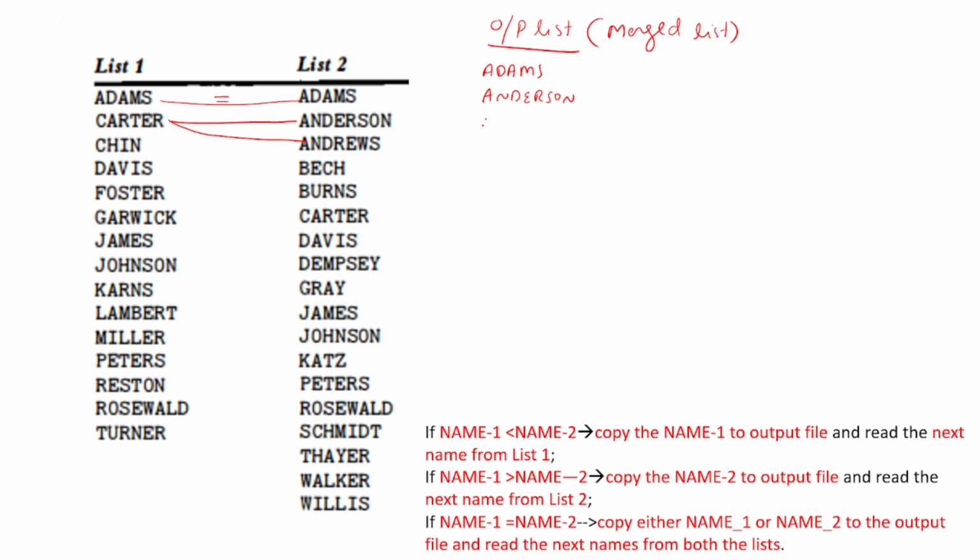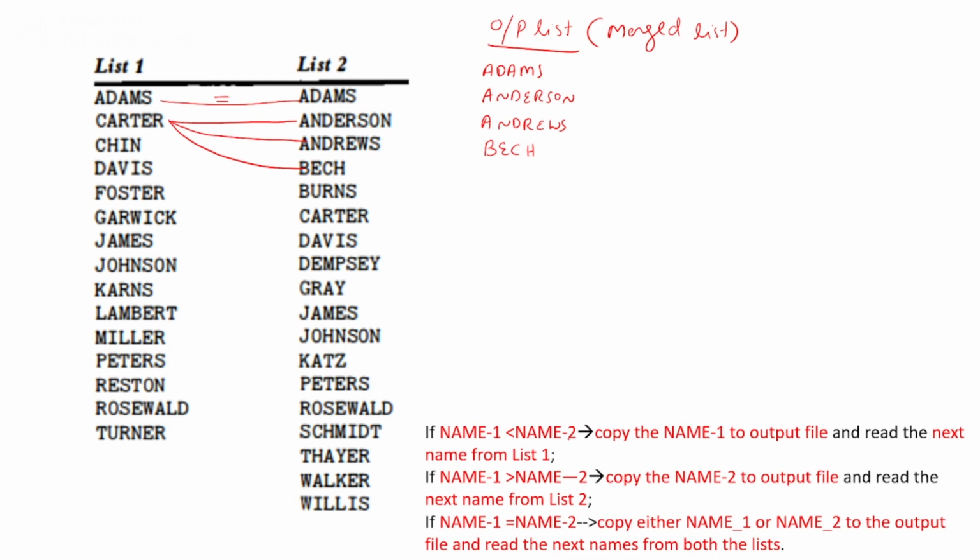So you will get Andrews, and again compare these two, Carter and Beck. So Beck I am going to copy. Why are we copying?